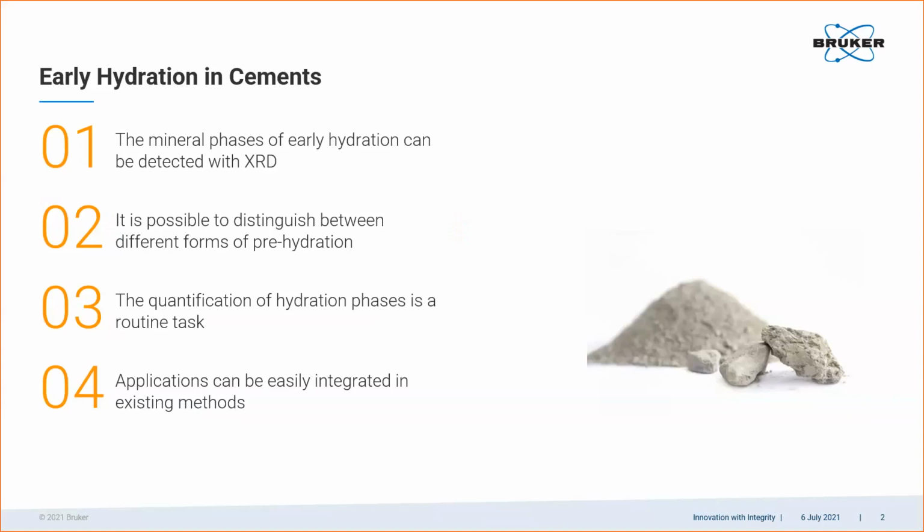In fact, that's one of the only methods which is able to catch all this. We can distinguish the different forms of prehydration, so the different phases. Quantification of these phases is meanwhile, since more than 2 years, a routine task. And I will show you that these applications can be easily integrated in the existing methods of an XRD unit.